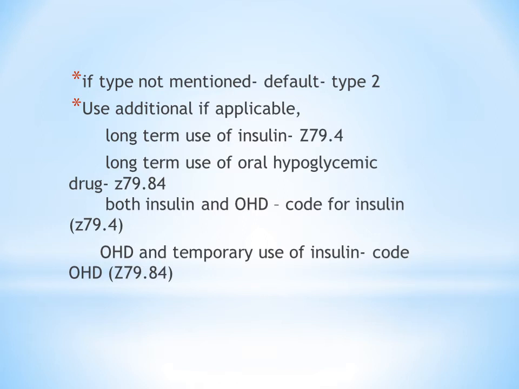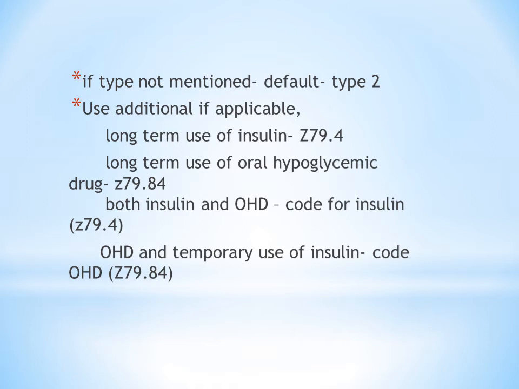Next one is the condition wherein both insulin and oral hypoglycemic drugs are given. If both insulin and oral hypoglycemic drugs are taken, then code only for insulin, that is code only for Z79.4.